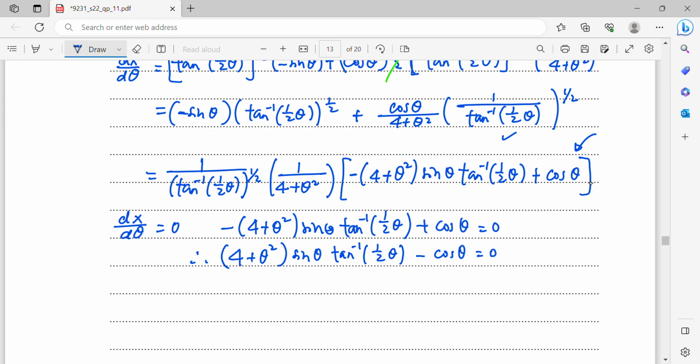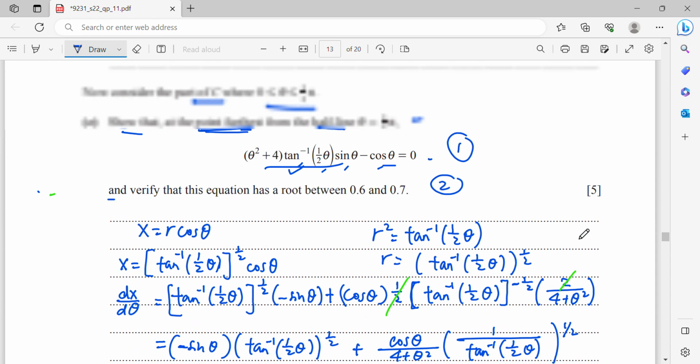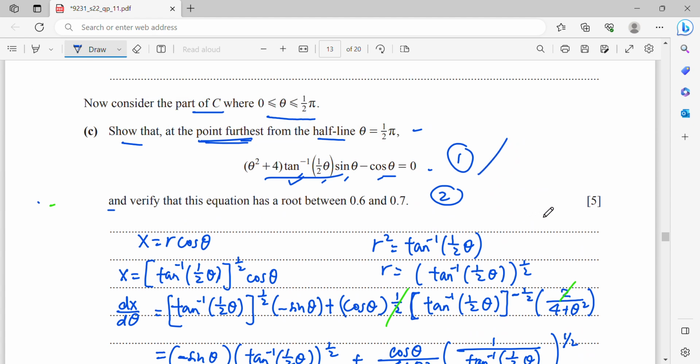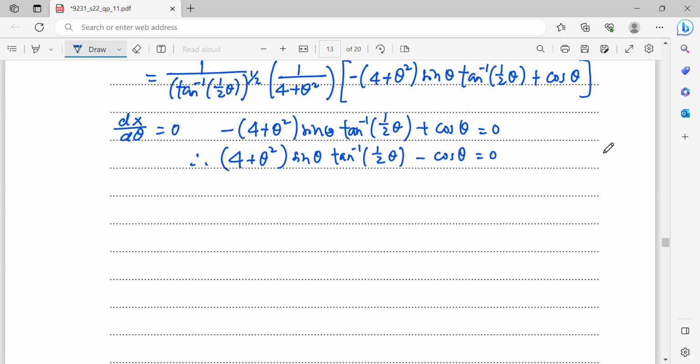So we have shown this. Okay, done the first part. Now, second part, verify that this equation has a root between 0.6 and 0.7. So now, let f theta be the terms on the left hand side.